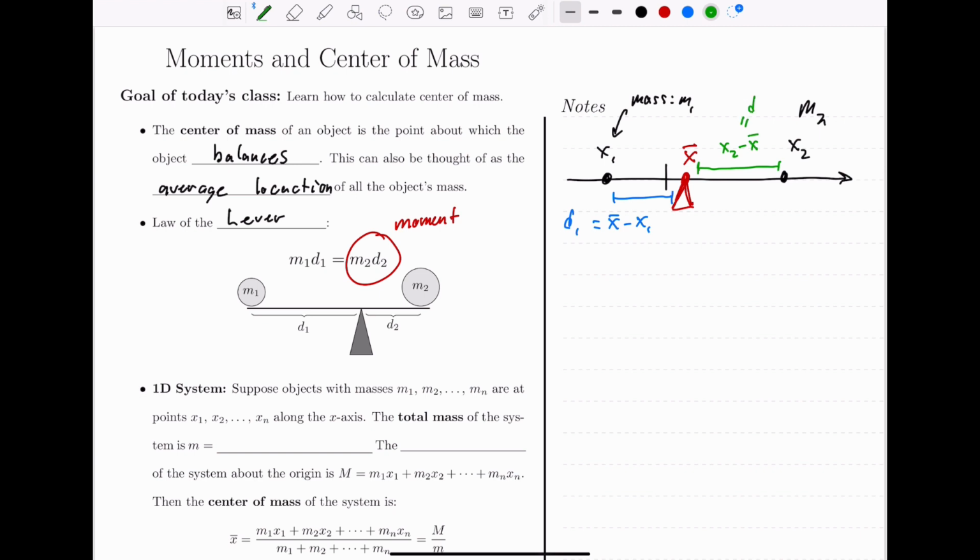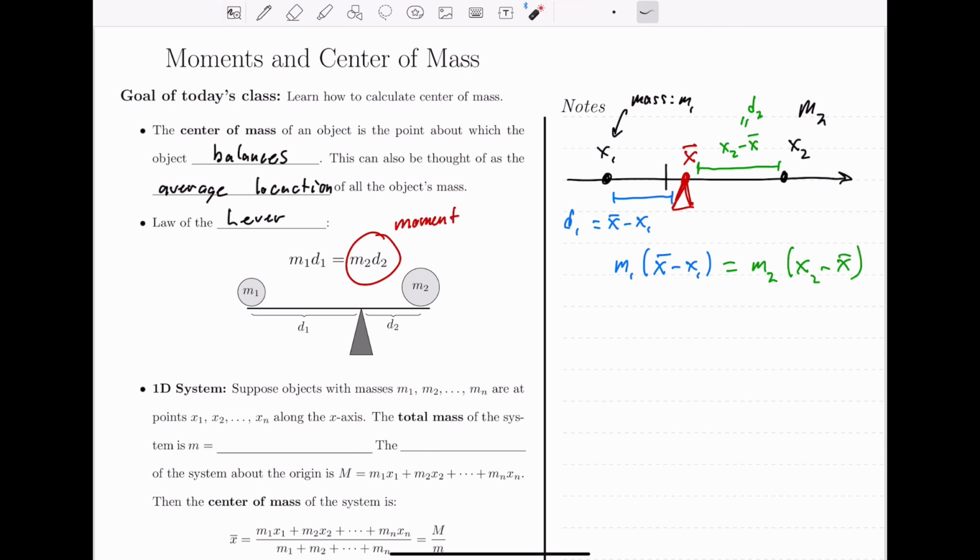This is the value of d2, that second distance. Now that we have these expressions, we can put them into this equation and solve for x bar. So we have m1 times d1, which is x bar minus x1. That must equal m2 times d2, which is x2 minus x bar.